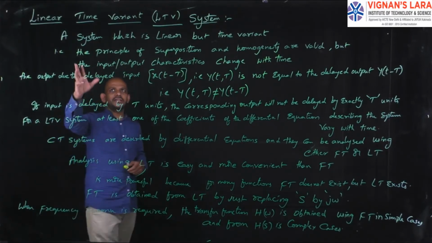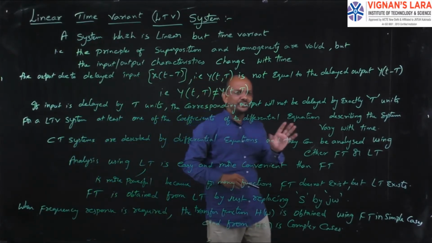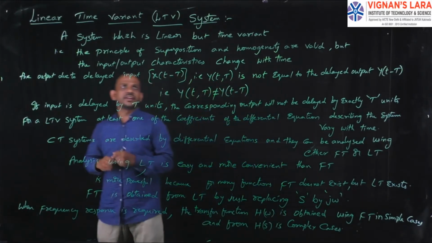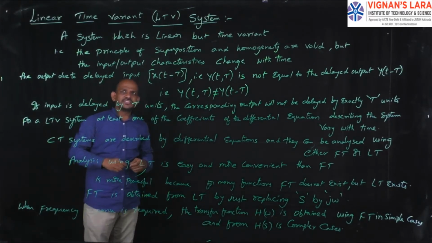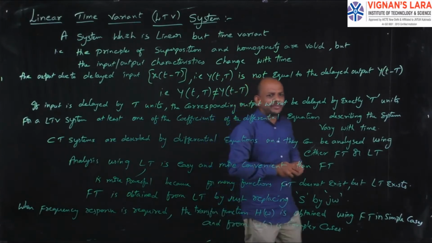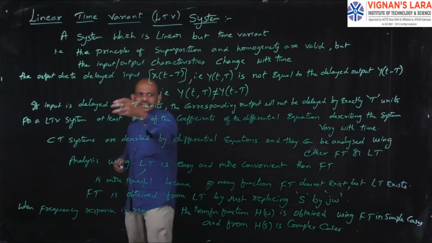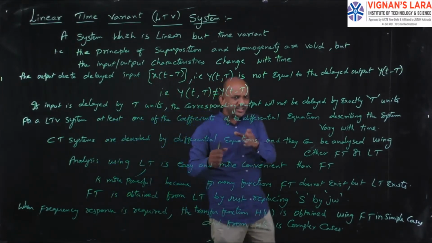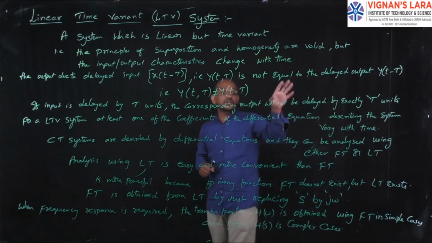The linear time variant system is simply represented as LTV. L for linear, T for time, and V for variant. Linear time variant system, that is simply LTV system. So if I want to say a system is a linear time variant system, it has to satisfy linearity as well as be time variant, but not time invariant.